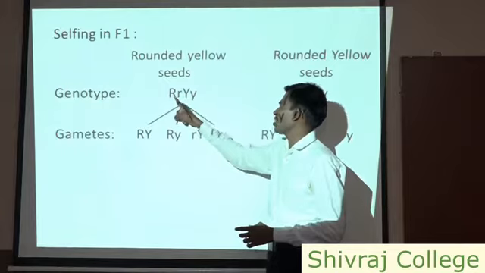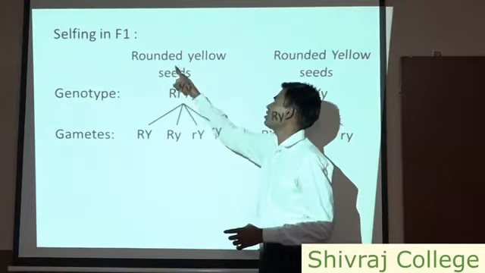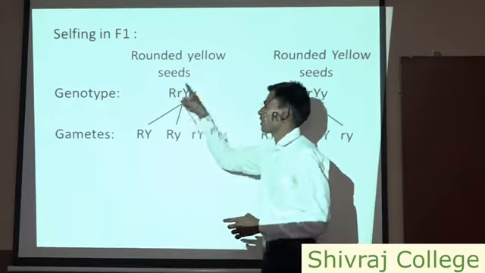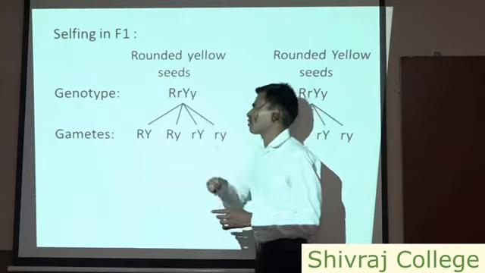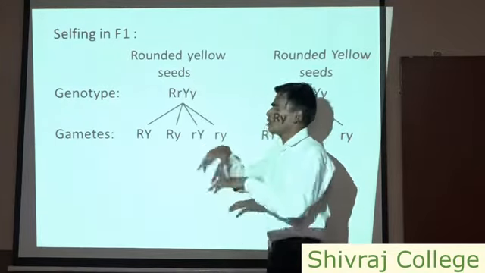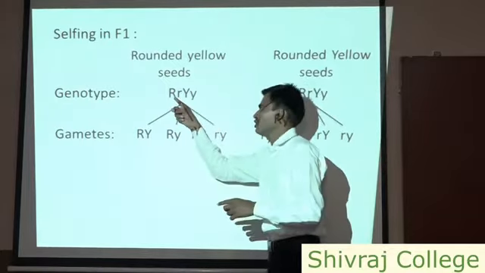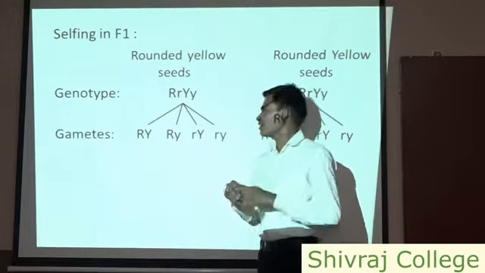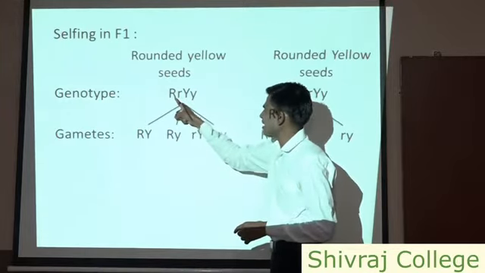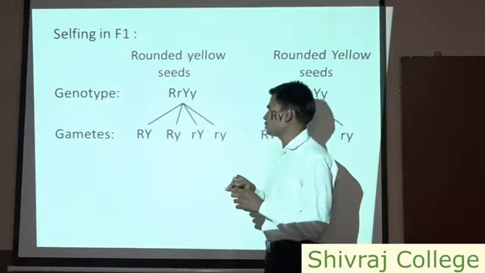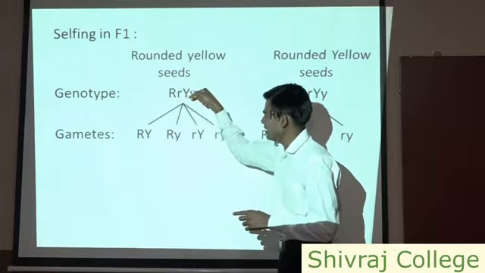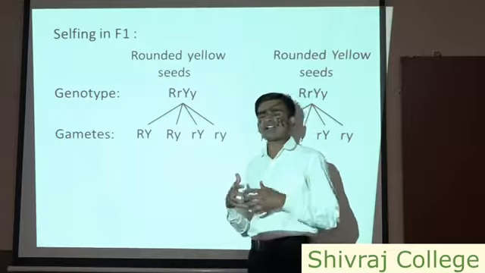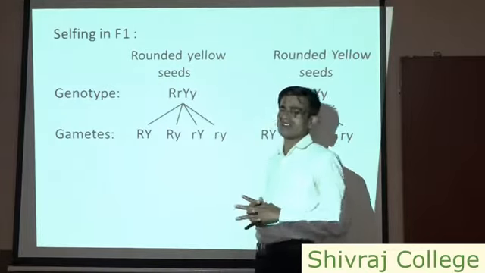Capital R, small r is responsible for the formation of round shape, but during gametogenesis these two factors enter into the gametes separately. Capital R enters separately into a gamete, and small r enters separately into a gamete. Because of that, these plants produce four different types of gametes.